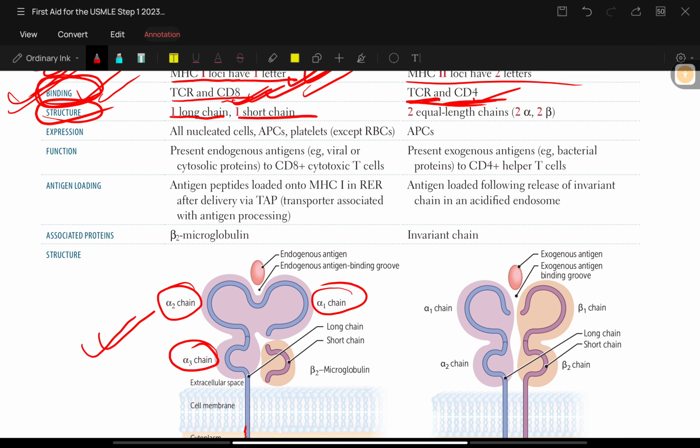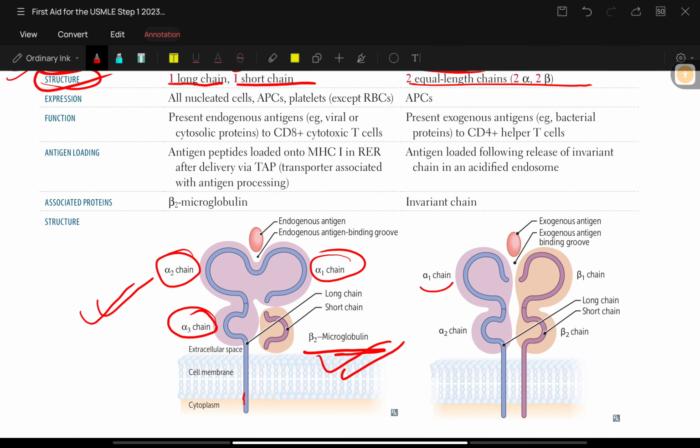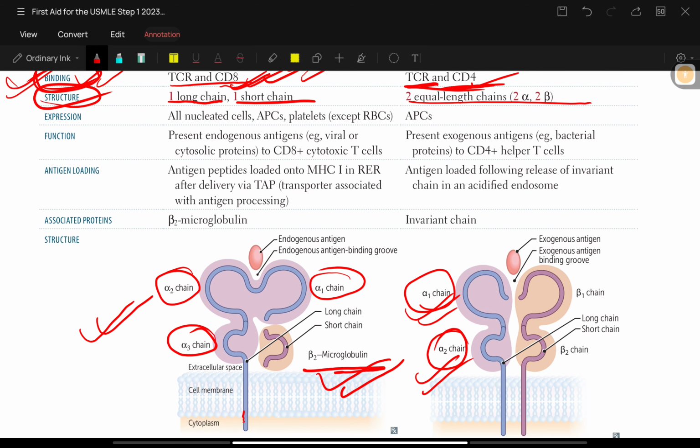So MHC class 1 consists of a long chain and another short chain, that is beta 2 microglobulin. Similarly MHC class 2 consists of 2 alpha and 2 beta chains. So here we have MHC class 2, alpha 1 chain, alpha 2 chain, two equal length chains, 2 alpha and 2 beta chains.